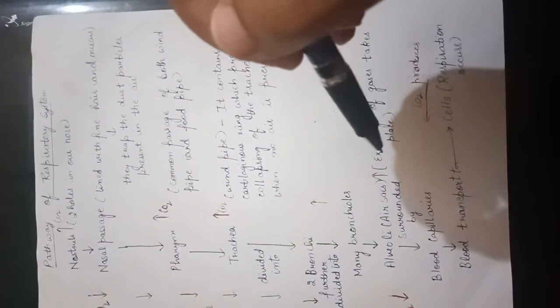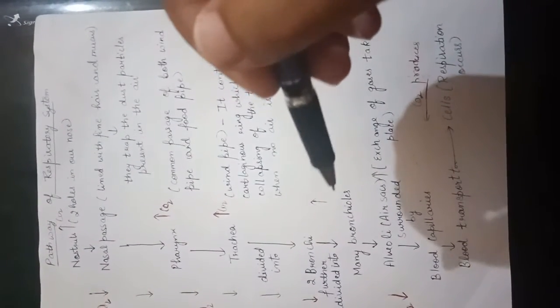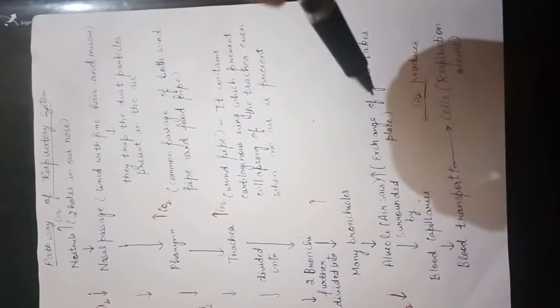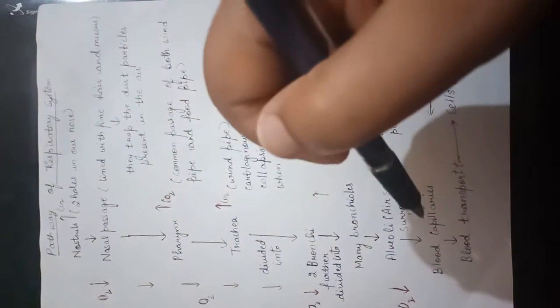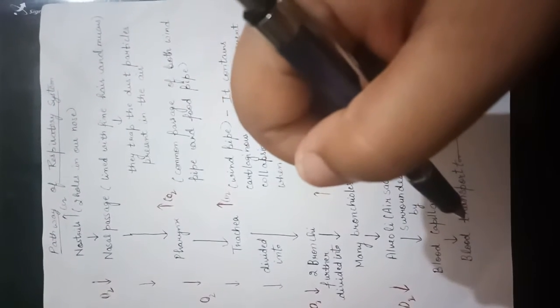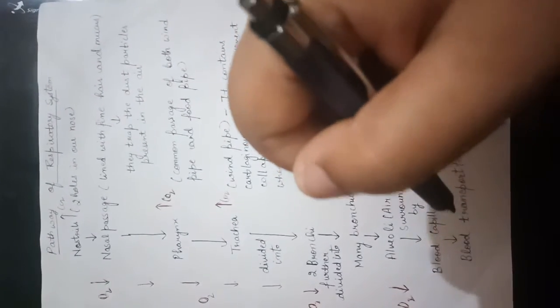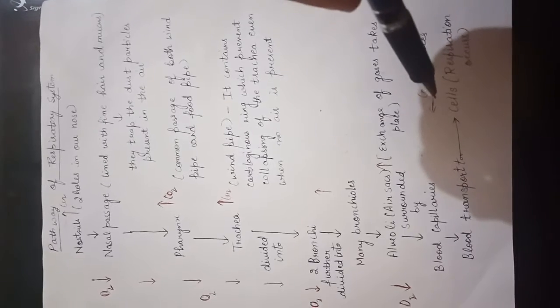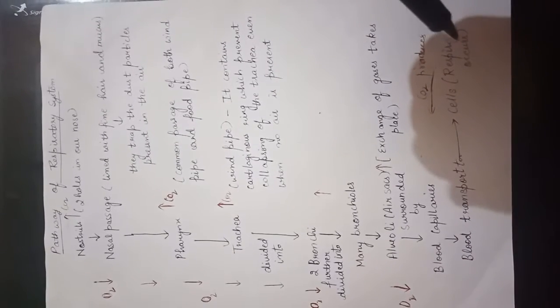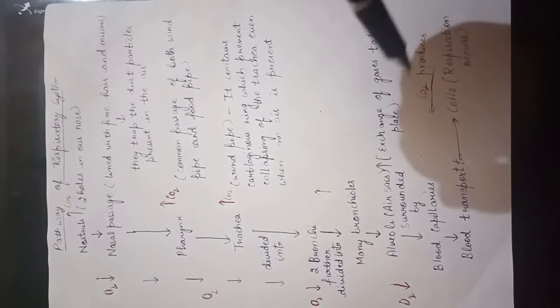And exchange of gases means diffusion; by the process of diffusion, the exchange of gases occurs. And then the blood capillaries contain blood, and from there this blood transports to the cells where respiration occurs, and then it produces CO2.